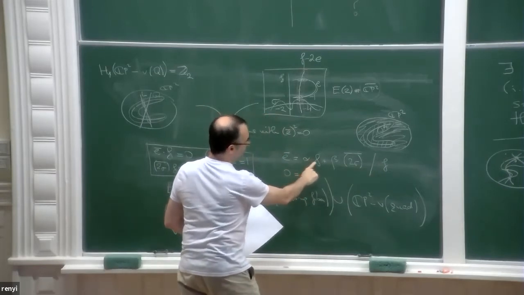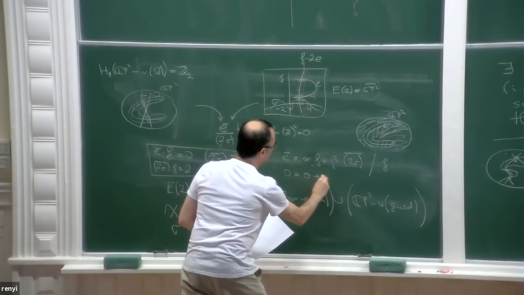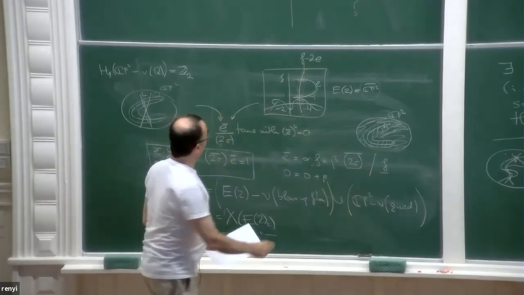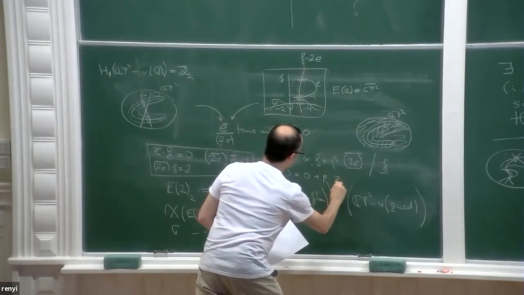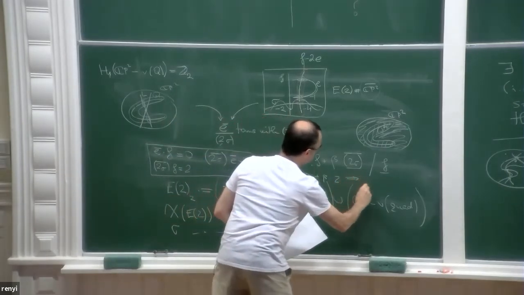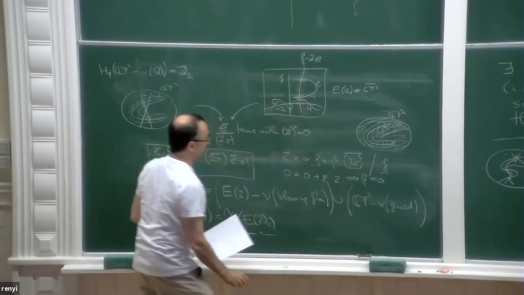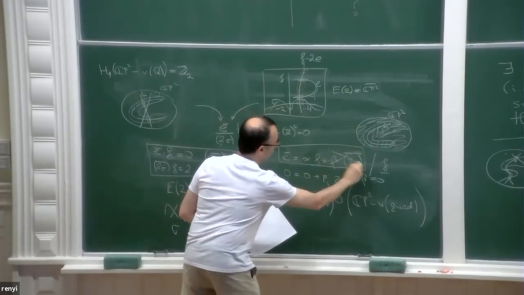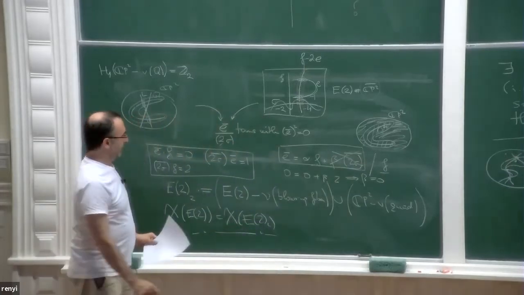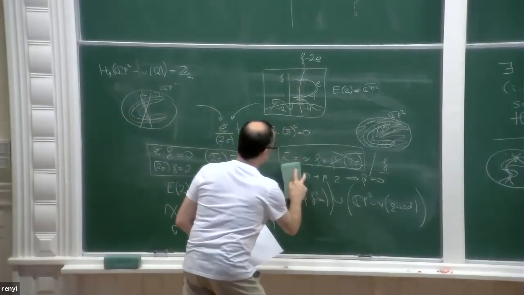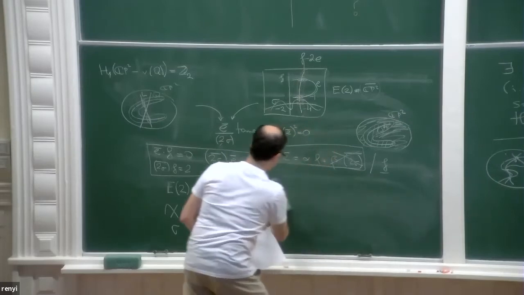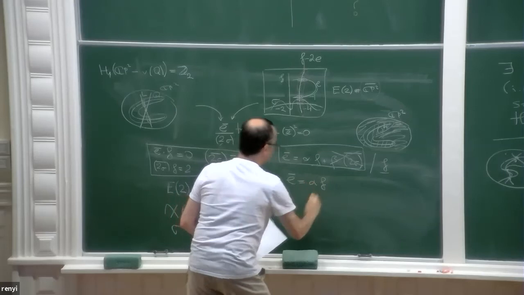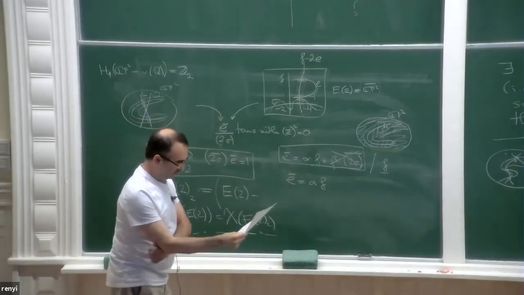The fiber times fiber is also 0, plus beta times their intersection, which is 2, implies that beta is equal to 0. So indeed, from this equation, we don't have to consider that part. And we have that E bar is alpha times F.